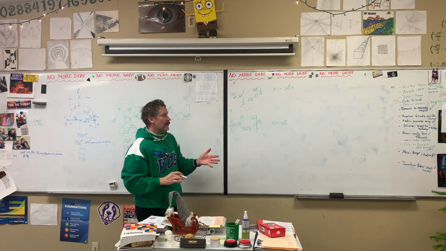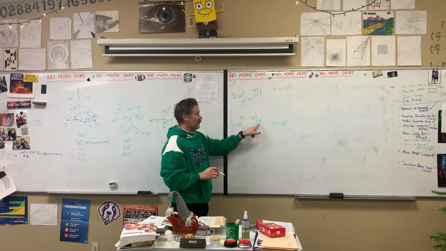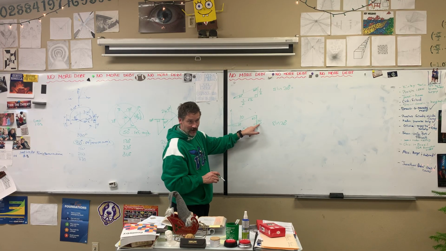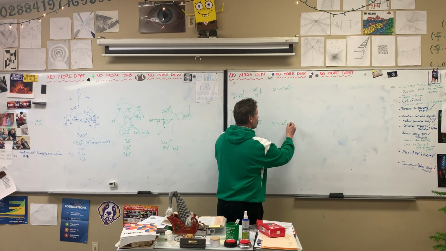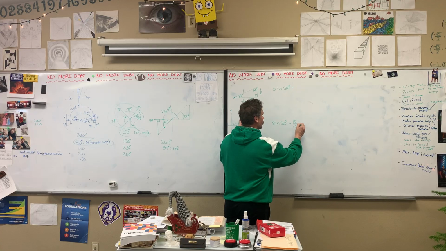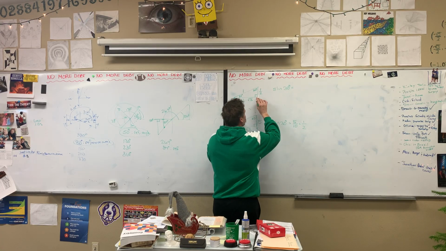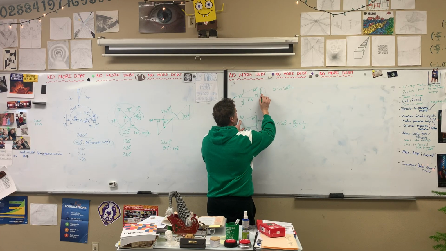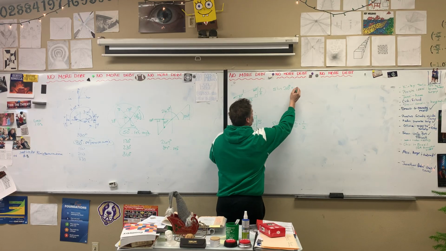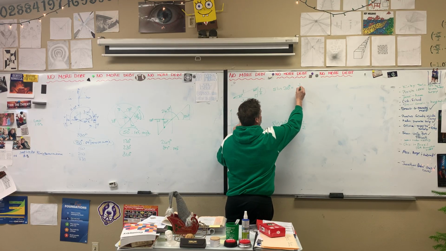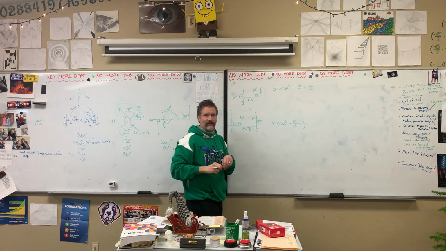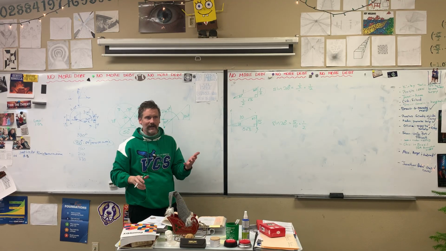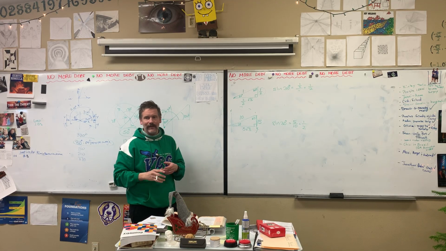So you ask, what's the sine of 30 on this one? The y value, or the opposite, 5, over the radius, or the hypotenuse, 10. So the sine of 30 is 5 over 10, which reduces to 1/2. Here, what's the y value over the radius? 1/2 over 1, which is just 1/2. And that's why on the unit circle we say the radius is 1, because then you're dividing by 1 and it's easy.